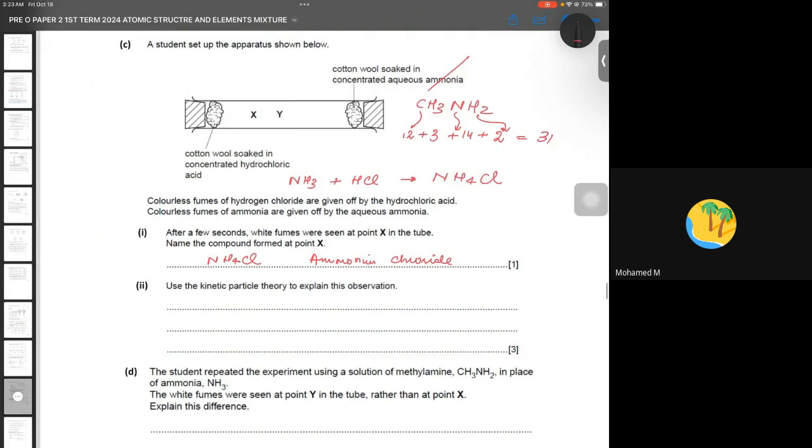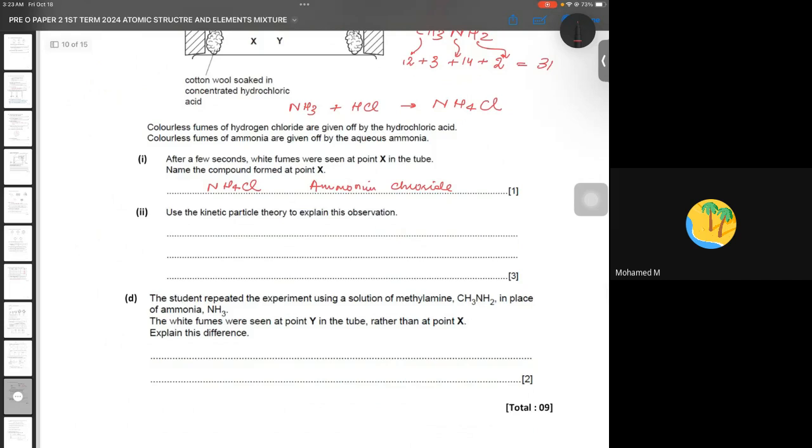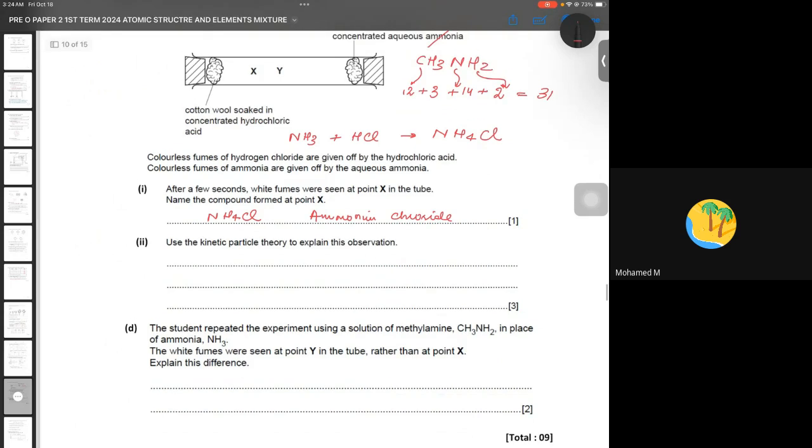So the white fumes were seen at point Y in the tube rather than at point X. Explain this difference: the mass of methylamine is higher than that of ammonia, so it's not going to diffuse faster like ammonia.